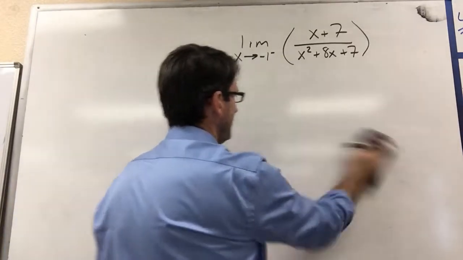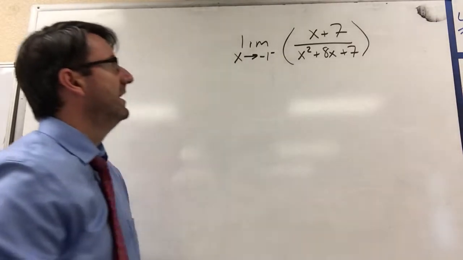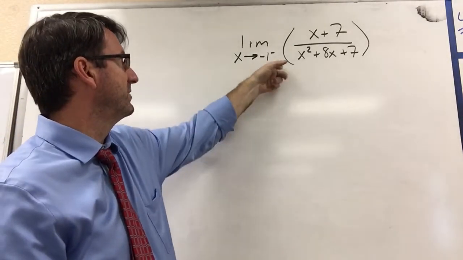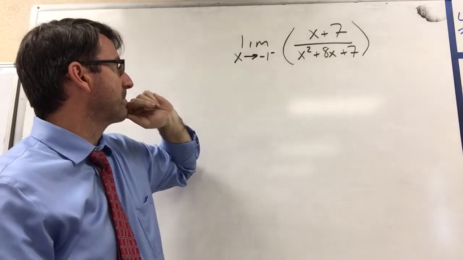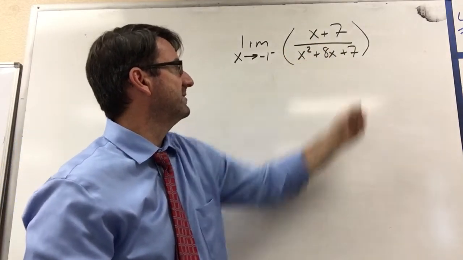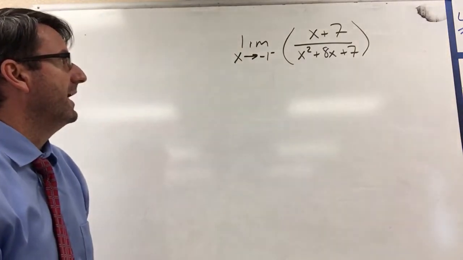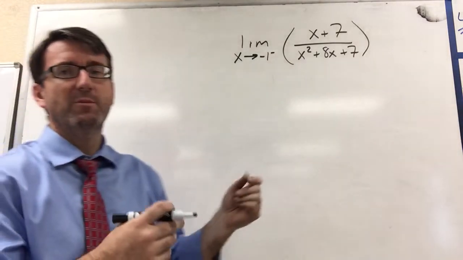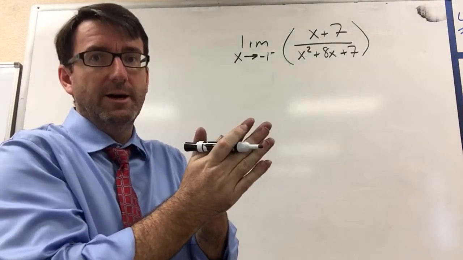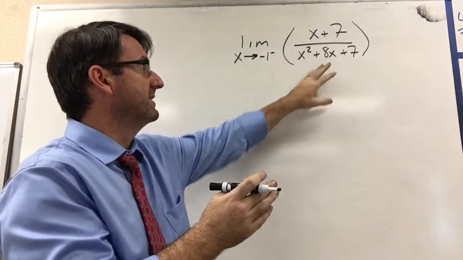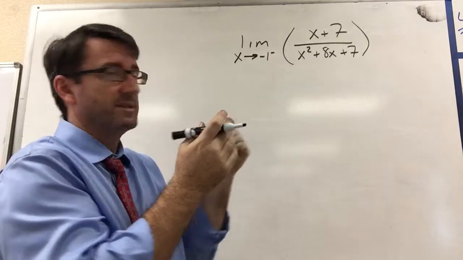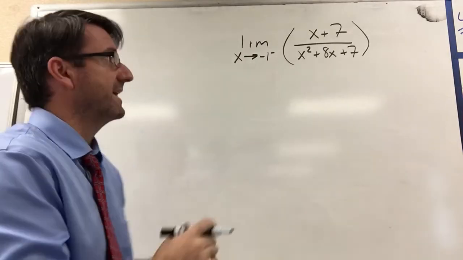All right, with that said, let's see if we can simplify this a little bit. If we plugged in -1 here, we'd get 0 on the bottom, and so we want to see what happens as we get really close, because right at -1 this function doesn't exist, but if we get really close to it from the left side, that's what this is asking us for.